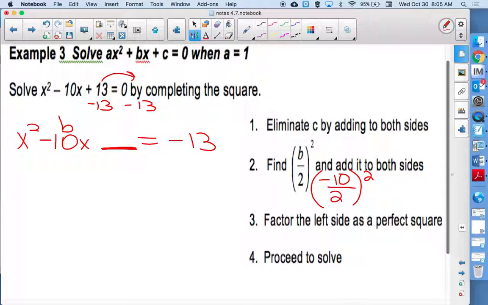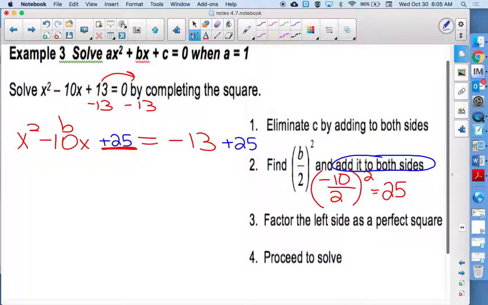So Michael, negative 10 divided by 2, and square it, and you get 25. It says to add this to both sides, because now we have an equation, and if I'm adding a number to the equation, we have to keep it equivalent. So we're adding 25 to the left, because that's my perfect square value, but now it's an equation, and I also have to add 25 to the right.